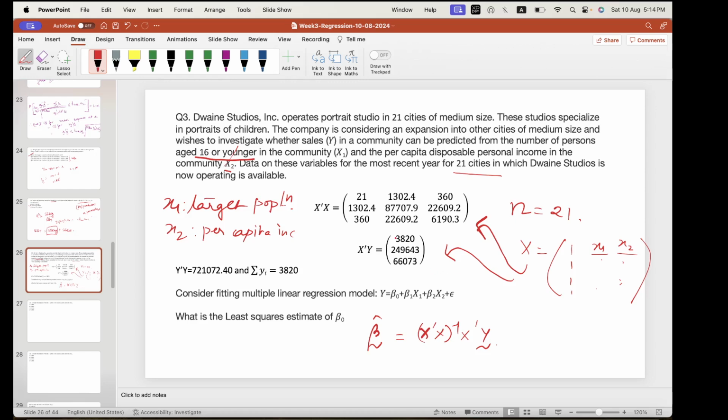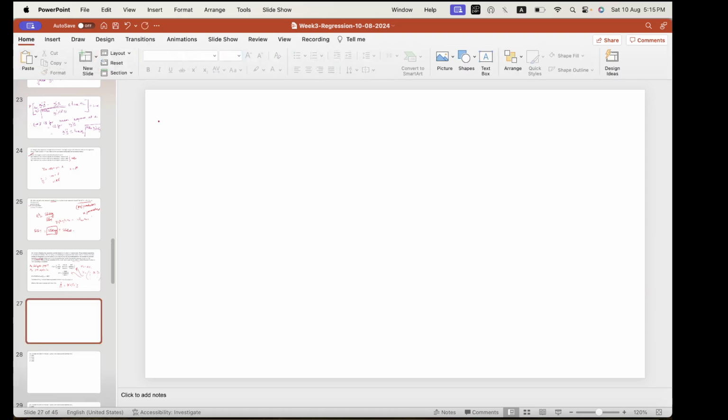Alright, so how do we do that? So x prime x inverse would be adjoint of this x prime x and then divided by determinant of x prime x. Okay, so finally we will have something like this.